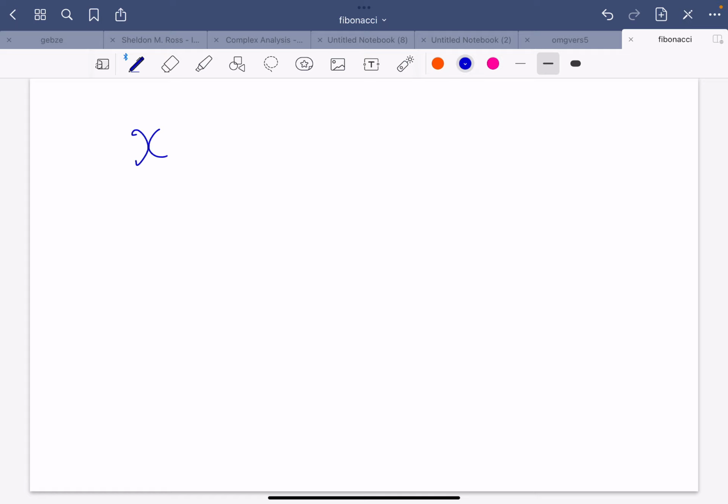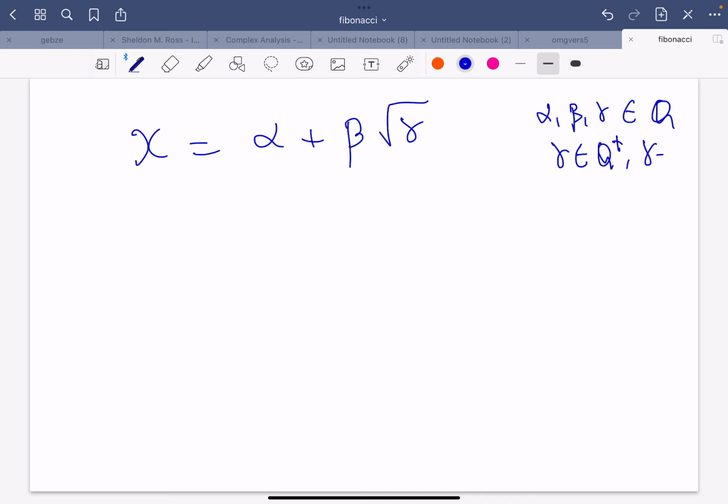suppose that x equals alpha plus beta square root of gamma, where alpha, beta, gamma are some rationals, where gamma is a positive rational, and gamma is not a square.